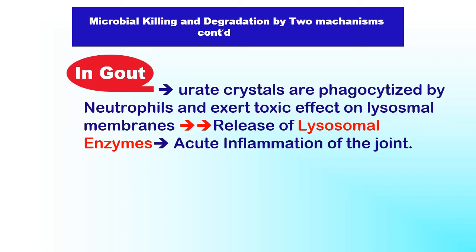In gout, urate crystals are phagocytized by neutrophils and exert a toxic effect on lysosomal membranes, leading to the release of lysosomal enzymes, causing injury and destruction of joint tissue, which is responsible for acute inflammation of the joint in gout.